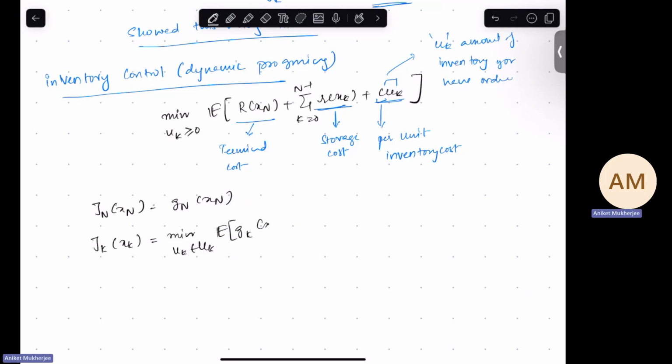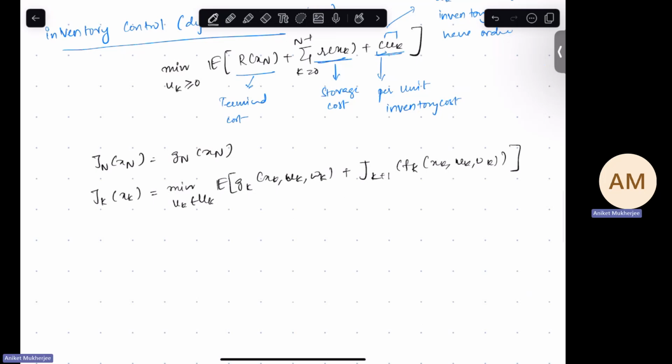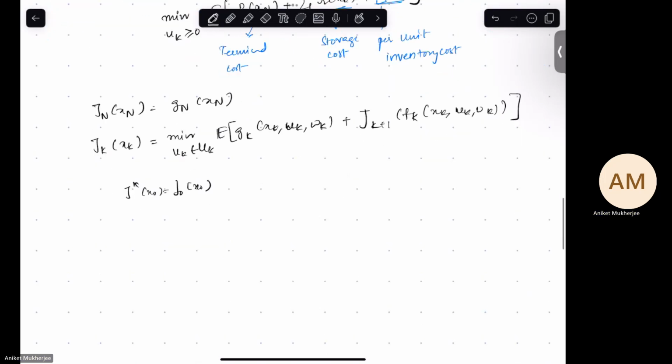And you do this till you come to J star x0, which is J0(x). Okay, so here this is your general dynamic programming algorithm.